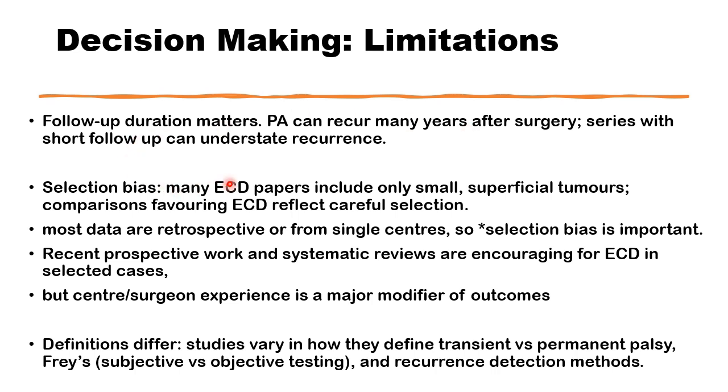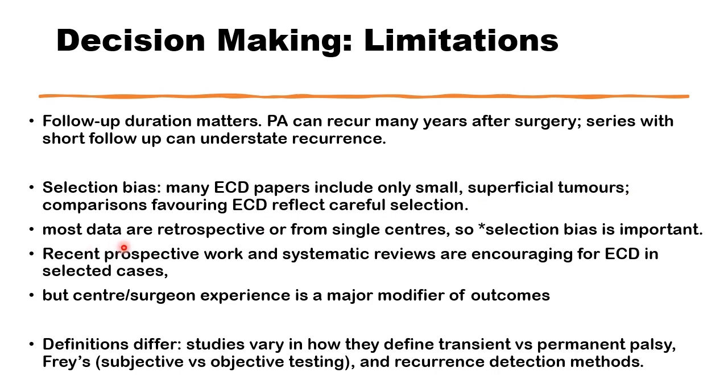The other thing is that these results may be subject to a selection bias, because many of the series, including extracapsular dissection, were on patients who had small and superficial tumors. The results therefore would be expected to be better in terms of recurrence rate and other complication rates.